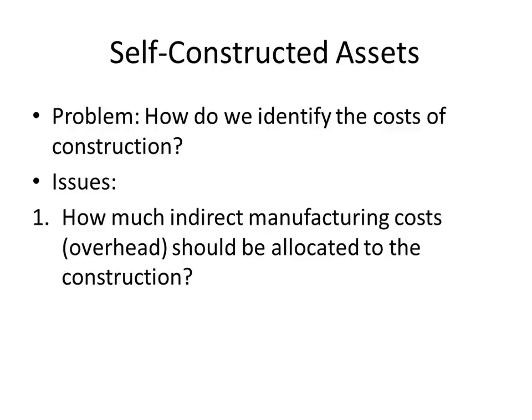Is your electric bill going to go up if you're constructing an asset and you're plugging in more equipment to construct that asset? It is going to go up, right? Because you are constructing an asset. But you may have an electric bill that's also for your office space and all sorts of things. So you have these costs that incrementally go up that are overhead, like power.